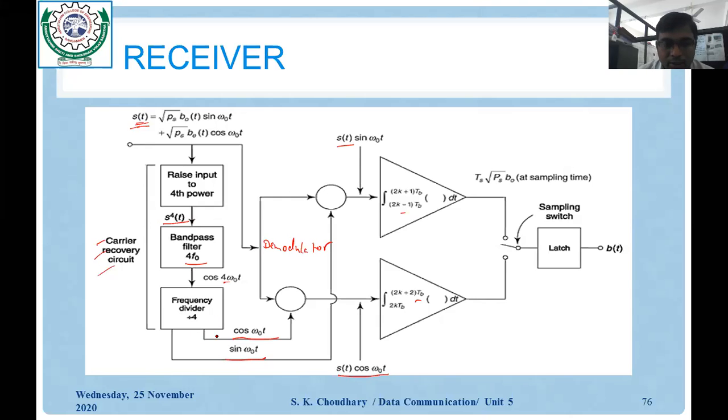The output of the frequency divider is nothing but the original transmitted carrier signal cos omega naught t and sin omega naught t. Then it is fed to the product modulator at the receiver end, where it is fed with s(t), and finally we get this. So I hope you have drawn this particular circuit diagram.